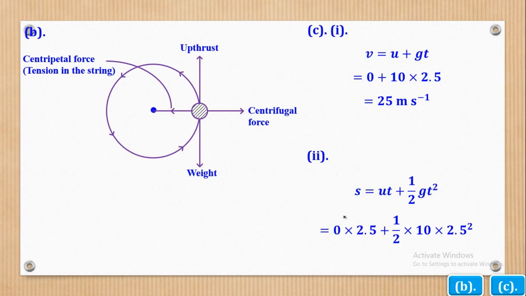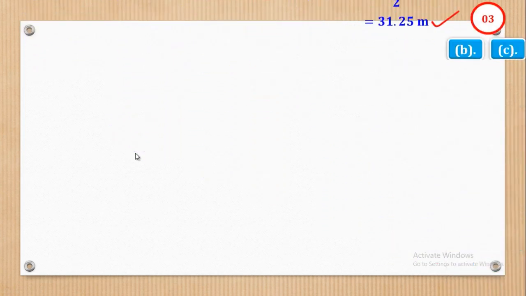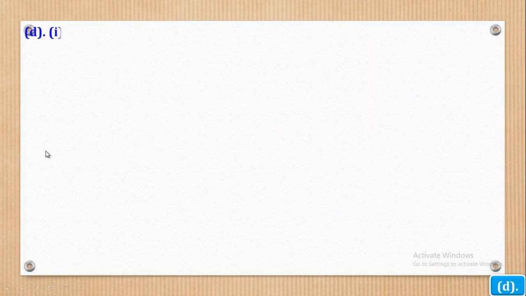So when I use a calculator, the value will be 31.25 meters. So that is how the marks for this slide will be awarded. So now we shall go to part D.